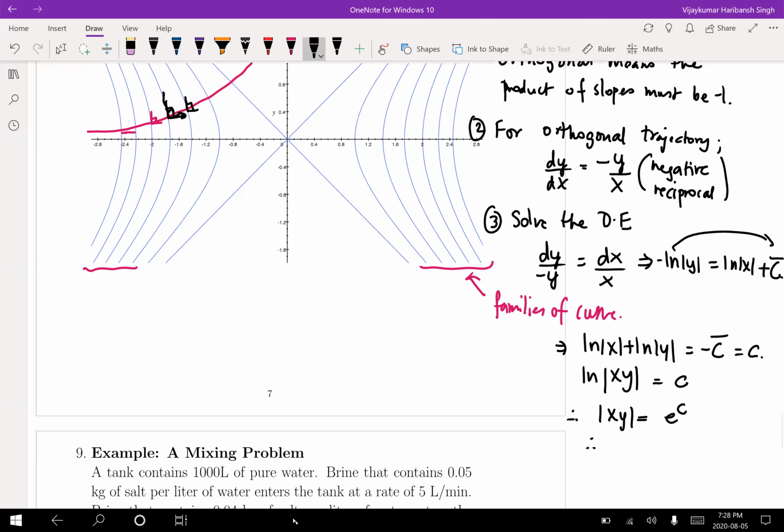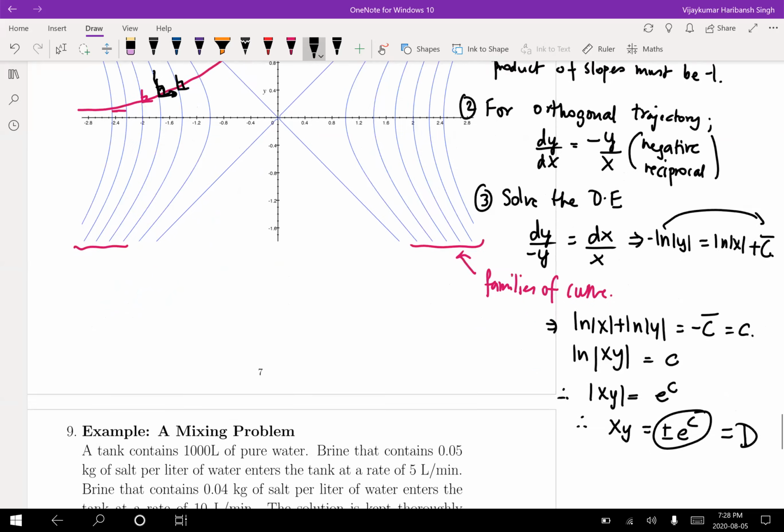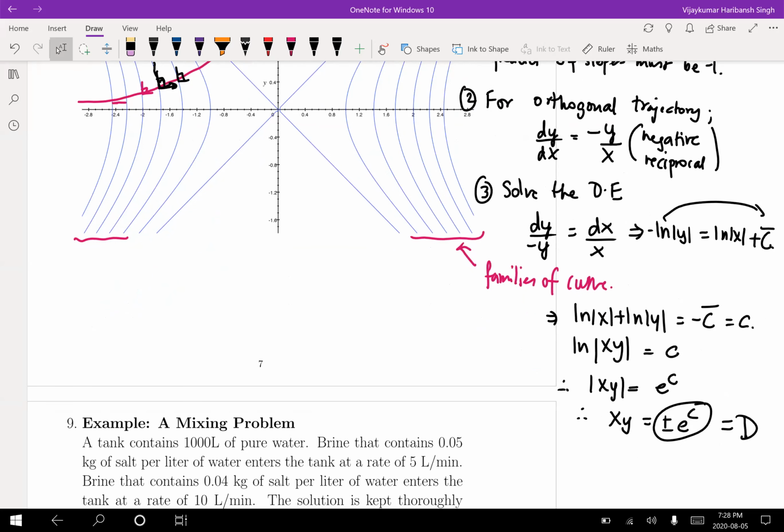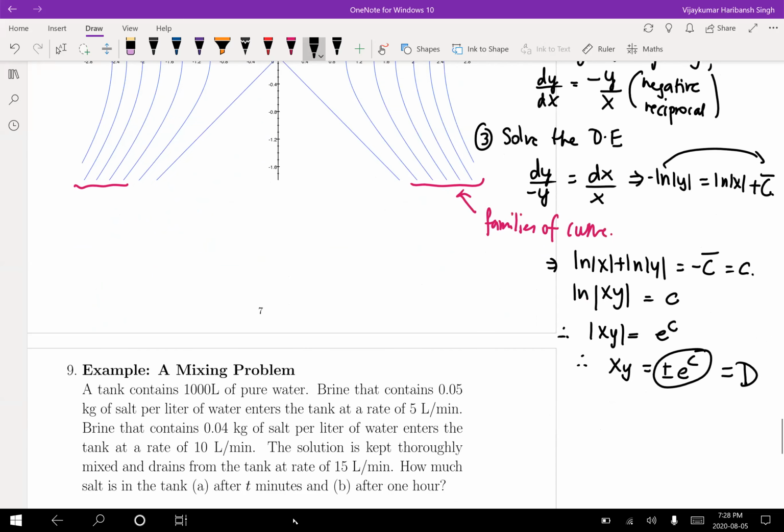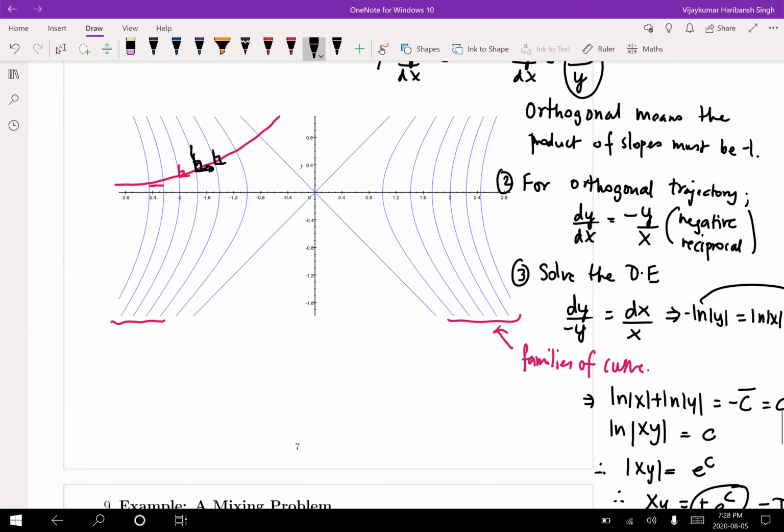Or xy equals plus or minus e to the power c. Let's call it another constant, say d. So xy equals d, or y equals d over x, and that gives me the orthogonal family.